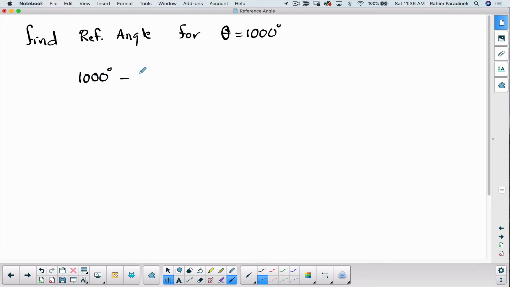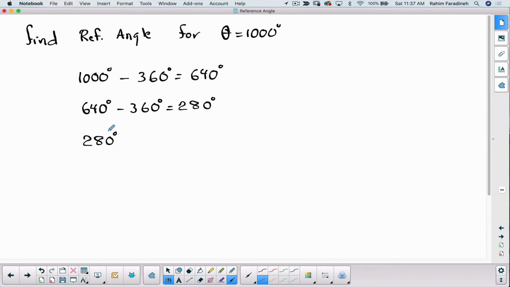So 1000 minus 360 degrees, that would be 640 degrees. Now 640 degrees is coterminal with the 1000 degree angle, but it still is more than 360 degrees. So I'm going to do that again. And that would be 280 degrees. So that's another coterminal angle with a 1000 degree angle.